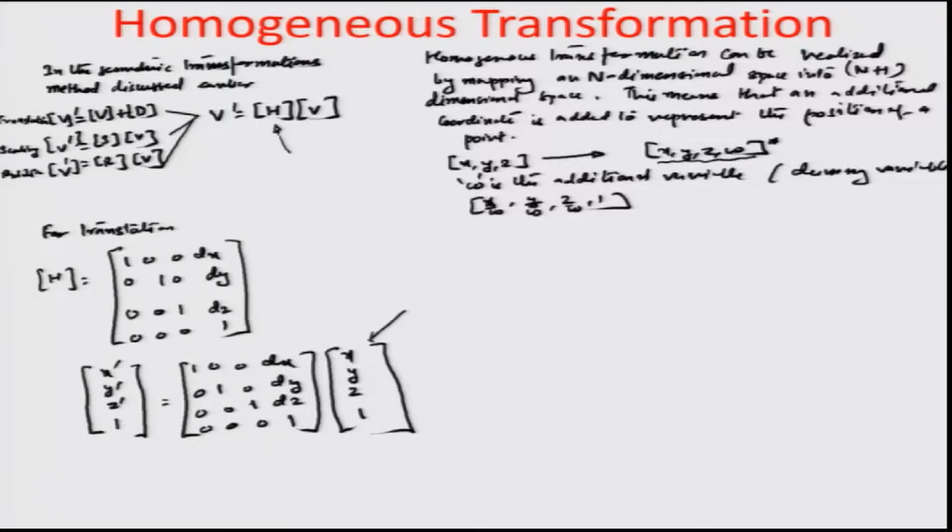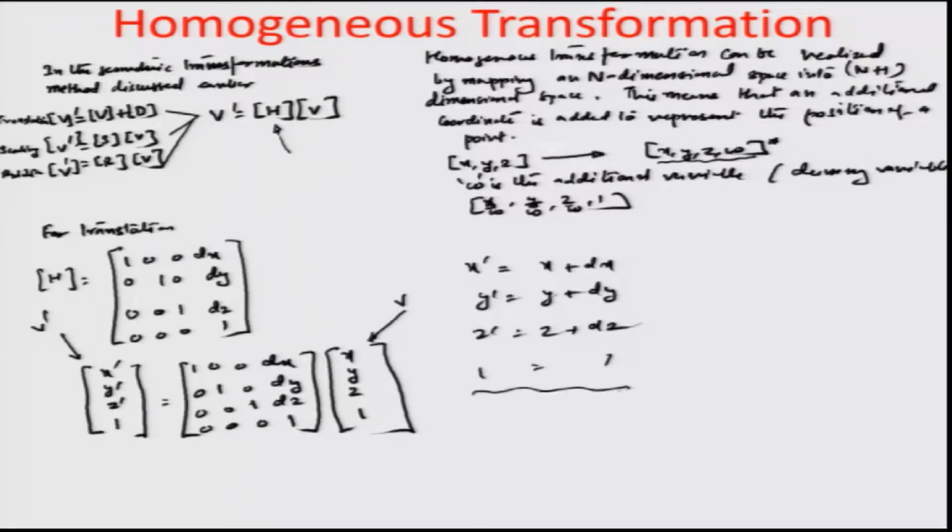This is the initial coordinate of the vector v with the dummy variable 1 introduced. This is the final coordinate v dash of the vector after translation, with the dummy variable 1 again introduced. If I multiply these, we would have the set of equations x dash equal to x plus dx, y dash equal to y plus dy, z dash equal to z plus dz, and obviously an equality of 1s on both sides.